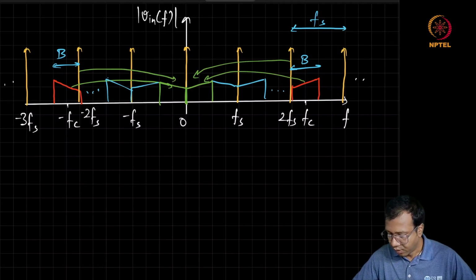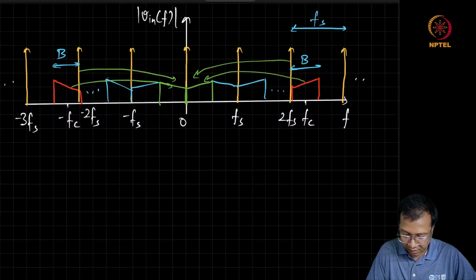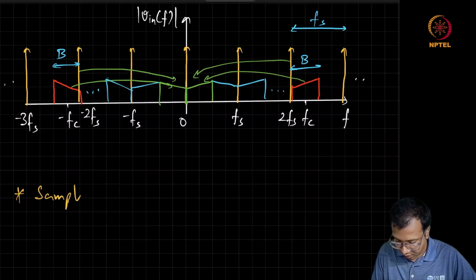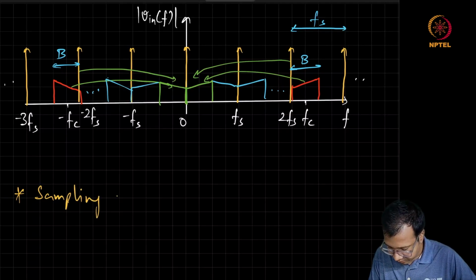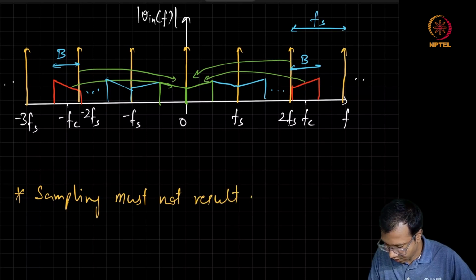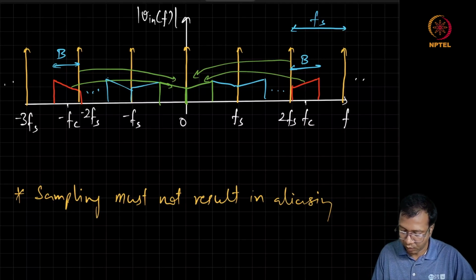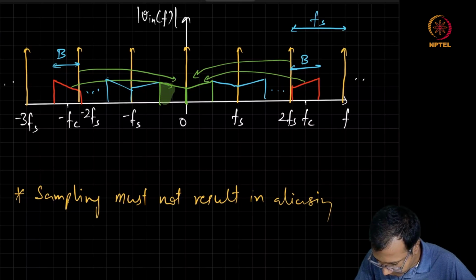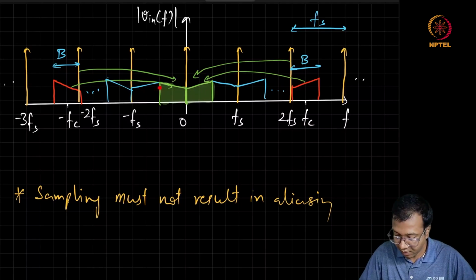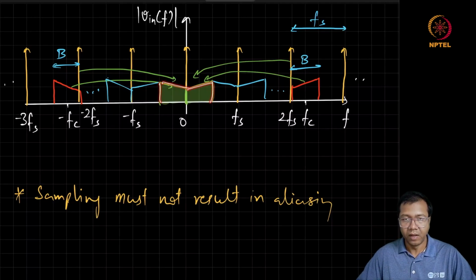So we need to make sure that during the sampling process there is no aliasing, which is the overlapping of these replicas. In this figure, we can easily see that if we just take this frequency translated version around DC, it contains complete information of the input signal.